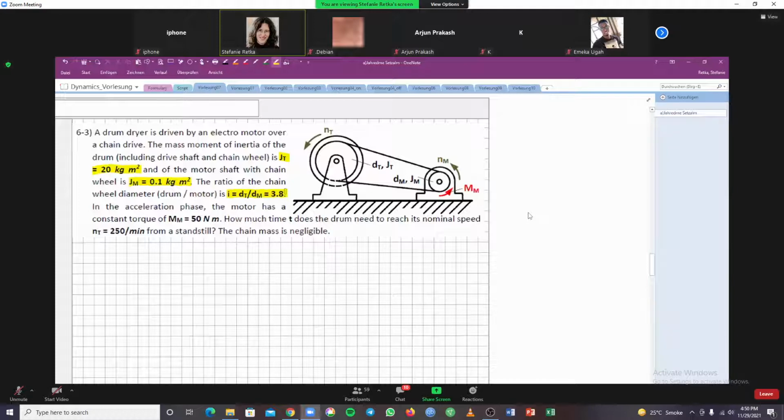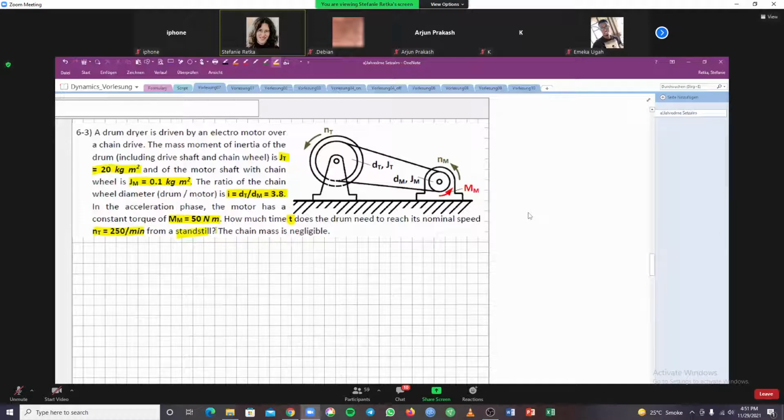The motor is accelerating the drum using a constant torque of 50 Newton meter. And we have to find the time that is needed for the drum dryer to reach its nominal speed of 250 rounds per minute. The system starts from standstill.